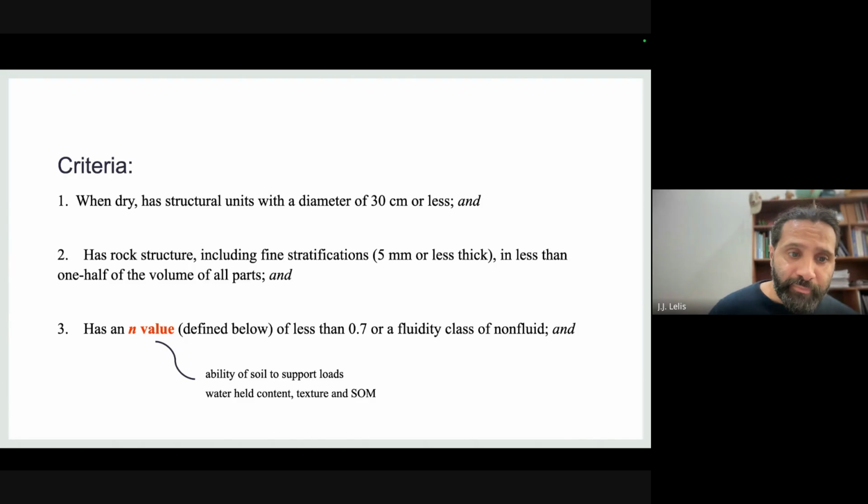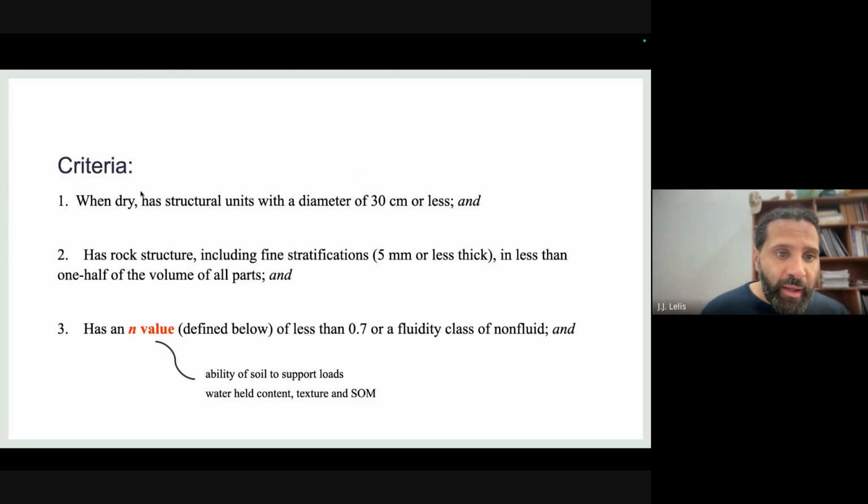First of all, when dry, this soil has structural units with a diameter of 30 centimeters or less. So I need to register peds, I need to register aggregates, and these peds or aggregates should be 30 centimeters or less when dry. This is quite easy to identify in the field, so just check if you can see any kind of structure. Great, it has the structure, and the peds or the aggregates are less than or equal to 30 centimeters.